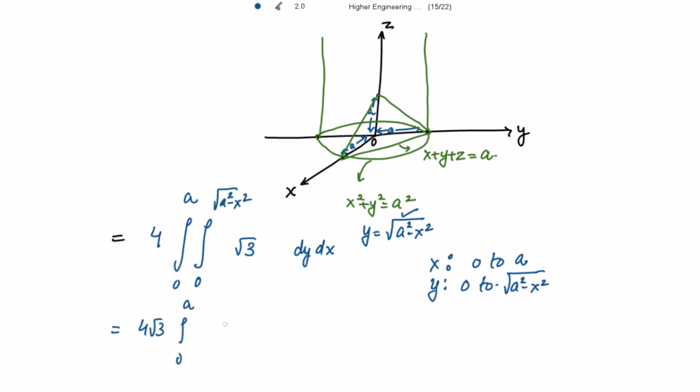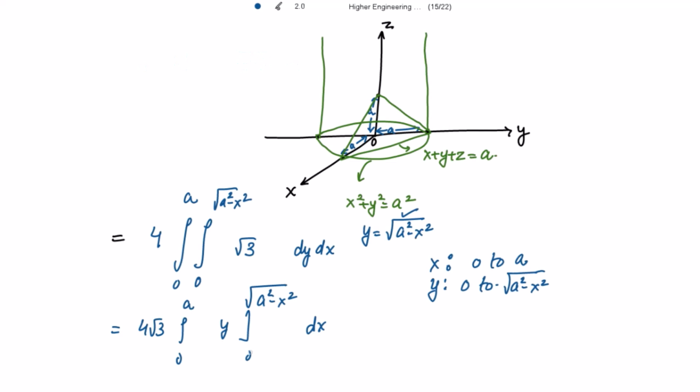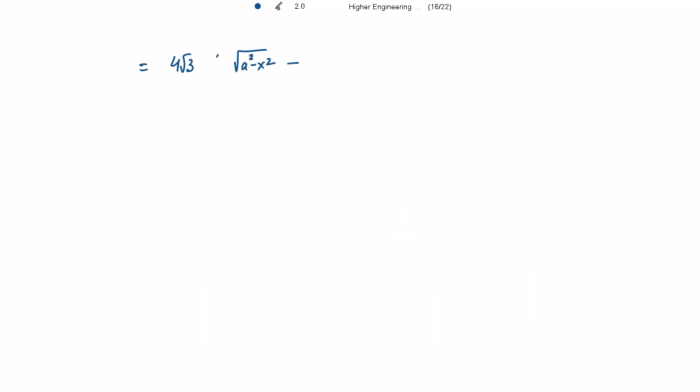Integrating 1 with respect to y is y from 0 to square root of a square minus x square, and then dx. So putting the upper limit, we get square root of a square minus x square minus the lower limit, that is 0, from 0 to a, and this is dx.